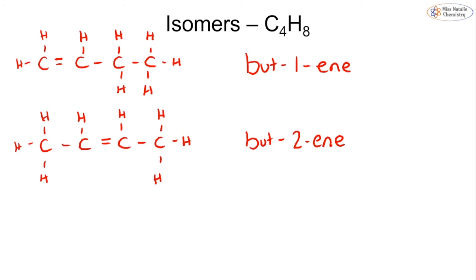And lastly, I can take one of my carbons from the middle and put it as a side chain. So I have my 3 carbons and my side chain goes there. And then one of my carbons in my centre has to be the double bond. It doesn't matter which one, it's the same molecule. So I'm going to make it this one as my double bond.